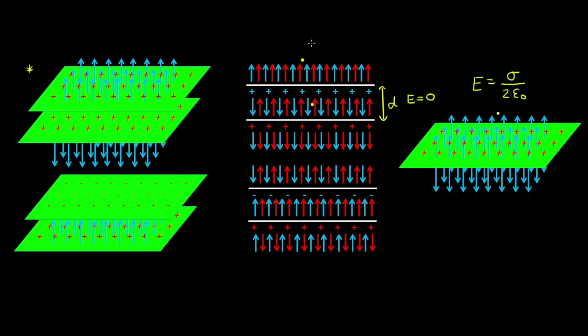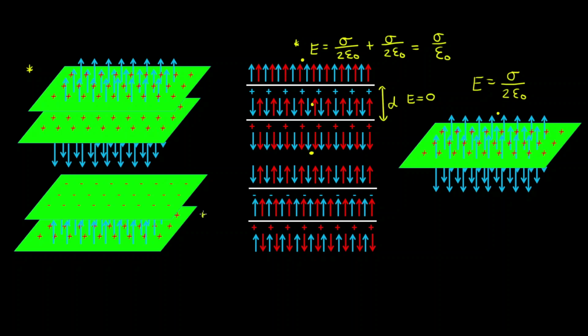So therefore the electric field is a superposition of the electric field due to the red plate plus the electric field due to the blue plate. So that's effectively equal to sigma on epsilon naught. And similarly on the other side over here, you're going to get the same result. And I encourage you to actually verify this using Gauss's law by constructing a Gaussian surface and exploiting planar symmetry.